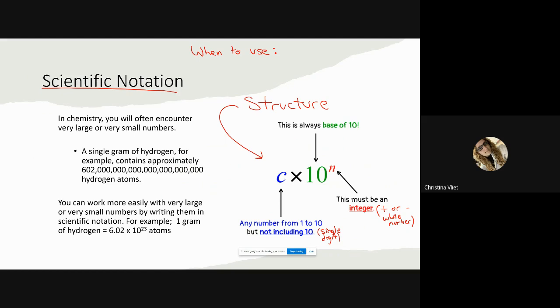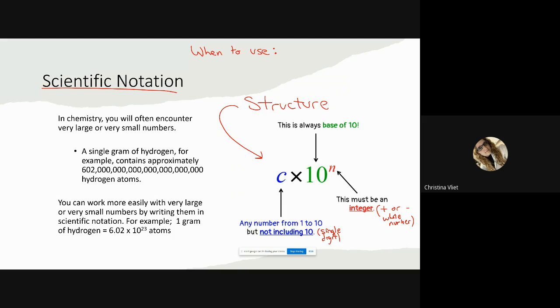In chemistry, we look at elements, we look at compounds, and a single atom of an element is really, really small. 1 gram of the element hydrogen, which is a little bit heavier than the piece of paper I gave you, which is really light, right? 1 gram of the element hydrogen is that many atoms of hydrogen.